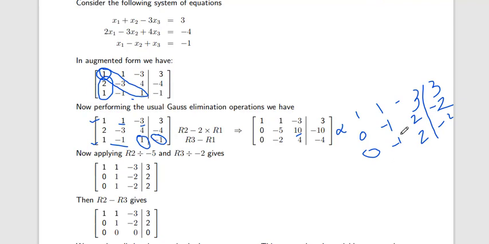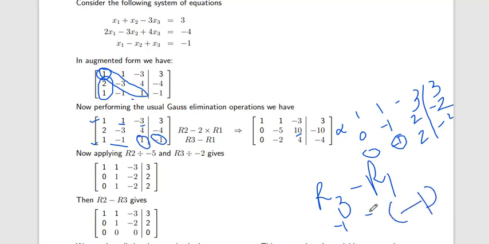Now here we want to get 0, so how do we get it? If we multiply with this minus 1, so r3 minus r1, we will get 0. Why? r3 is minus 1 and r1 is also minus 1, minus minus 1 is plus, so minus 1 plus 1 is equal to 0. So we did the operation r3 minus r1.